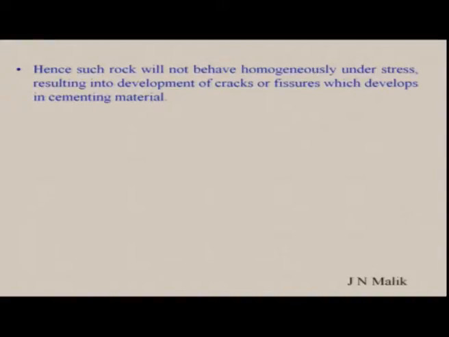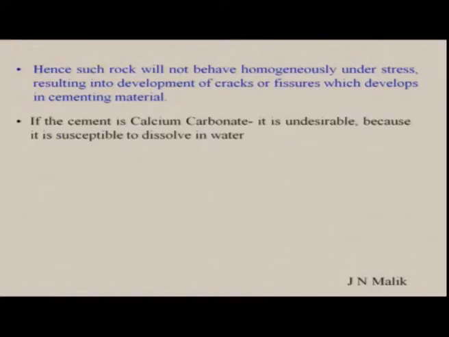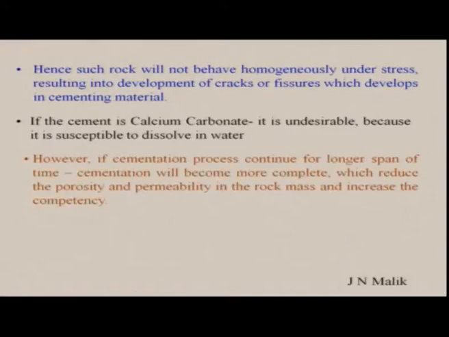So either the cementing material will crack or the rock fragments will crack. If the cement is calcium carbonate, for example, it is undesirable because it is susceptible to dissolving in water. So calcium carbonate will dissolve in water, so it is not good. If you find the conglomerate cementation material is calcium carbonate, you should avoid it.